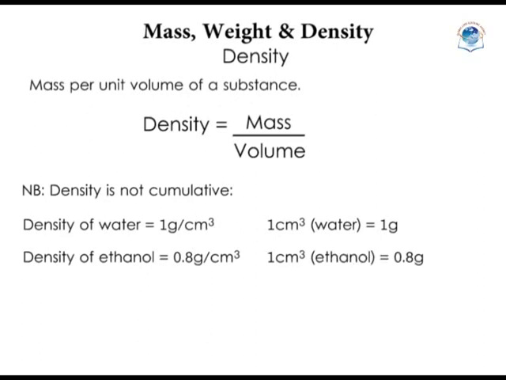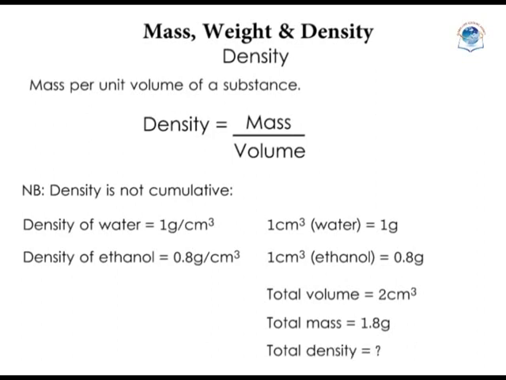If you mix them, then we shall have a total volume of 1 plus 1, which is 2 cubic centimeters, and a mass of 1 plus 0.8, which is 1.8 grams. But shall we have a density equal to 1.8 grams per cubic centimeter? Absolutely not.